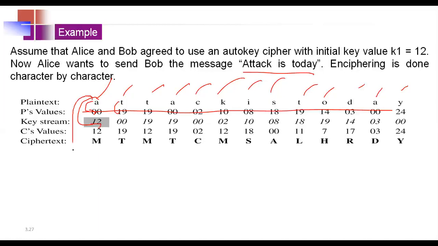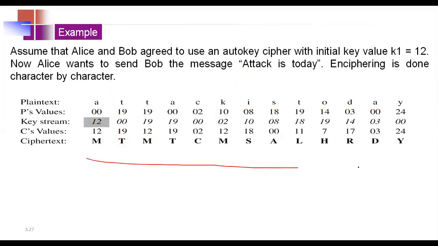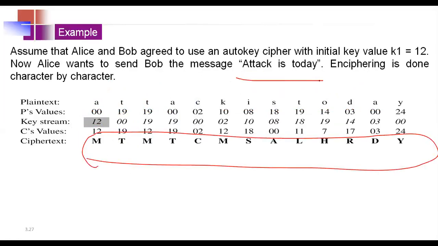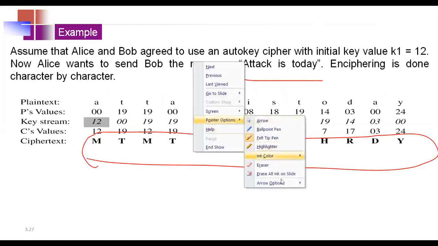Its ciphertext is M. For the first T, its equivalent character is capital T. For the second T, the ciphertext character is capital M. Like that, this is the equivalent ciphertext for this plain text, attack is today. So this has to be done using polyalphabetic substitution.